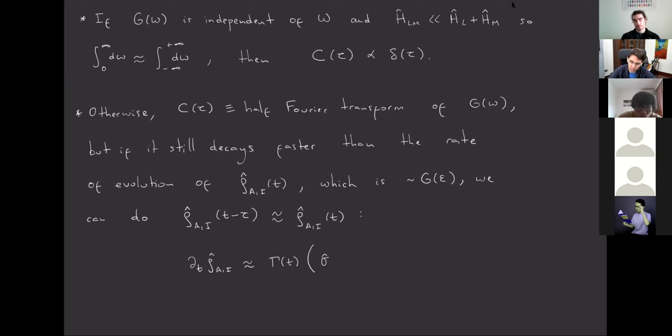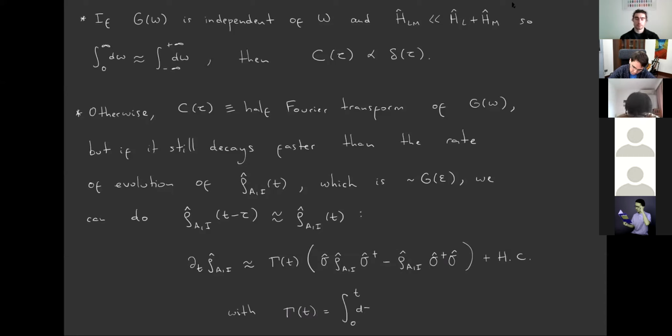So let me show it to you. So we have an equation that looks like this, where this gamma t has this expression.